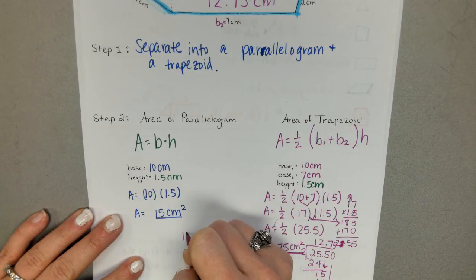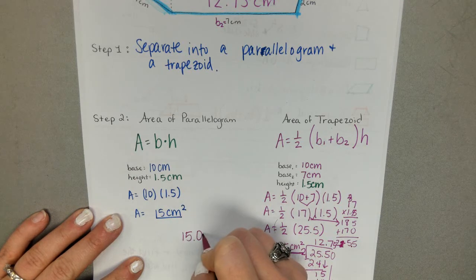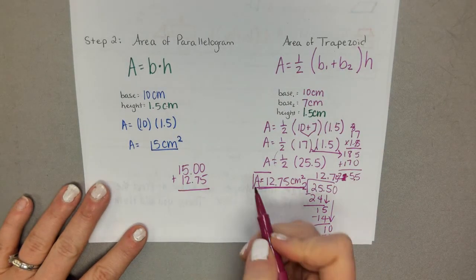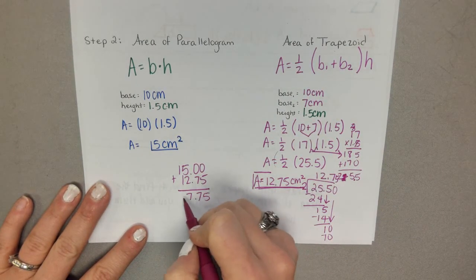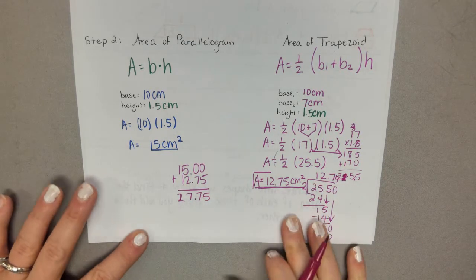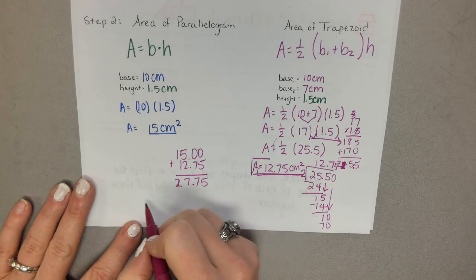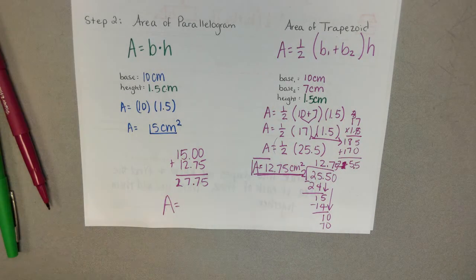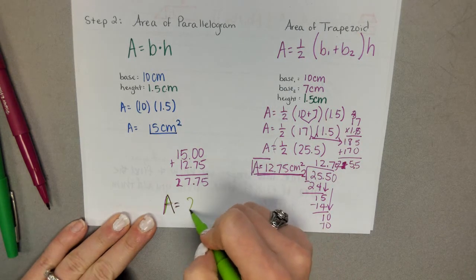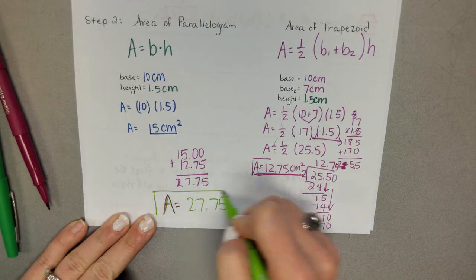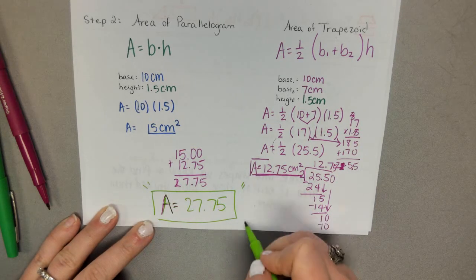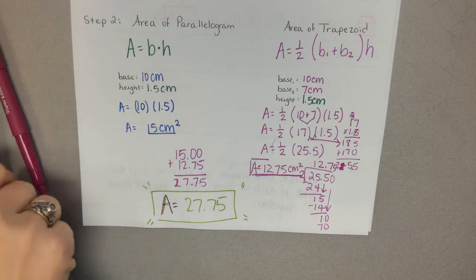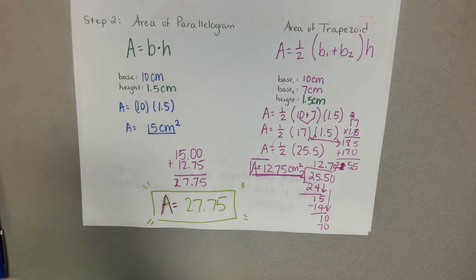When we add 15 plus 12.75 together down here, we get 27.75. So the area of the whole figure is 27.75. Yay! Alright, so you have to break it down into different figures, find the area of each of those figures, and then add them together.